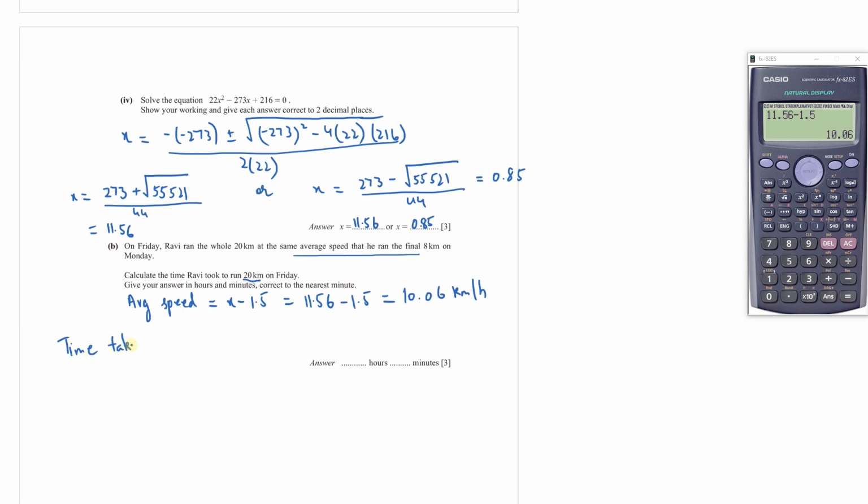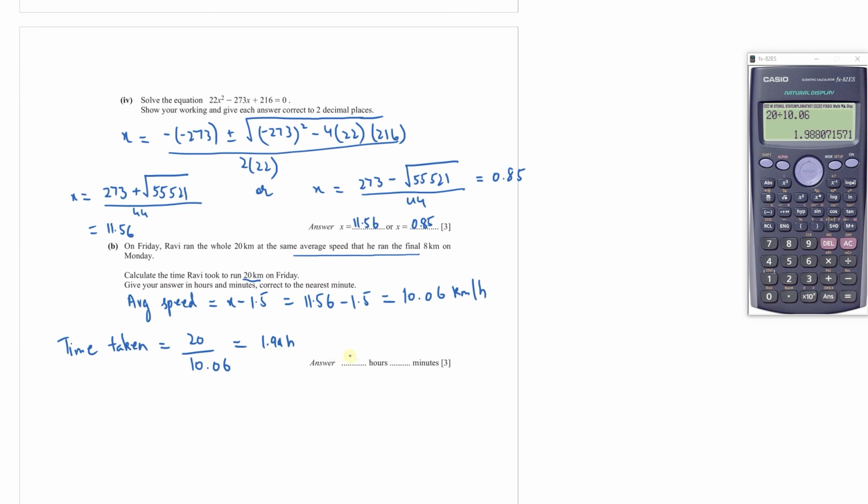So now the time taken will be distance 20 divided by the speed, which is 10.06. So 20 divided by 10.06 is 1.99. You write up to 3 significant figures if you are not given anything in the question. So 1.99 hours.